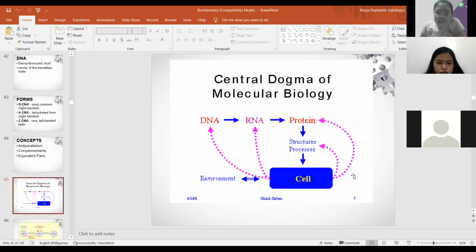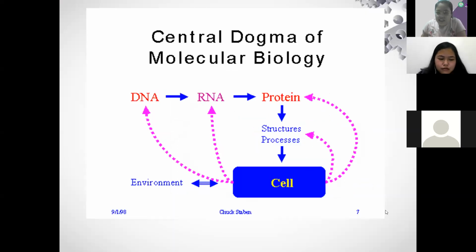So let's talk about the central dogma of molecular biology. That is the reason why we skipped discussing the protein first and nag-jump tayo with our nucleic acids. Kasi ito siya.